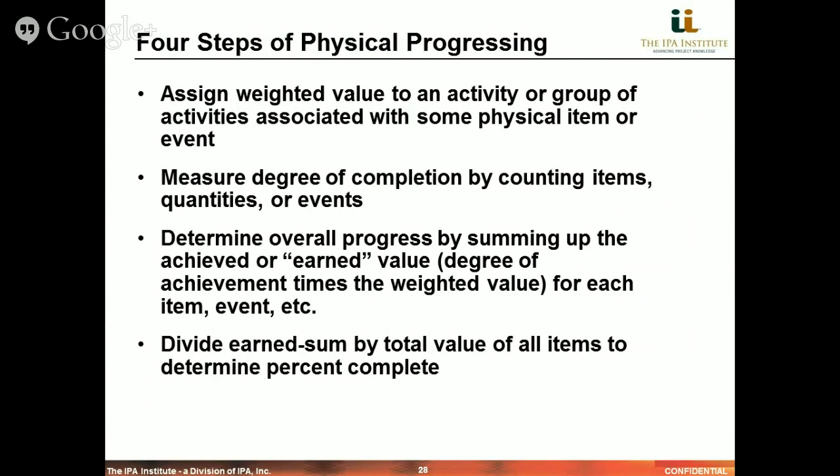And so you determine the overall progress of the project by summing up the achieved or earned value, meaning the extent to which we've completed installation or delivery of the particular item times their weighted value for each item, and you sum them up over the total expected price or cost of the project as a way to arrive at a percent complete that is based on actual deliverables and is a control mechanism as opposed to using cost or the number of hours used.